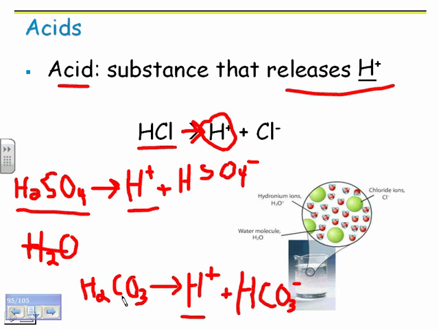This thing must be an acid. It's carbonic acid. So I would want you to know that that's an acid. I certainly don't want you to know what kind. So that's what I want you to know about acids.